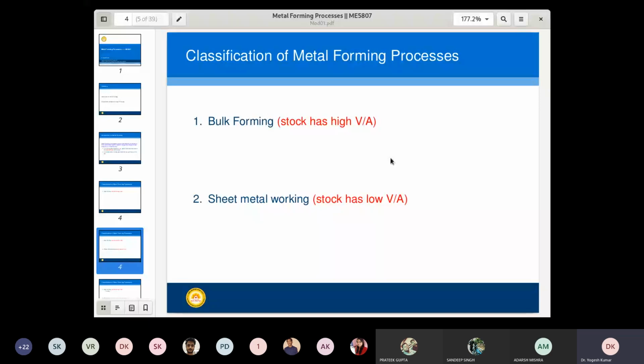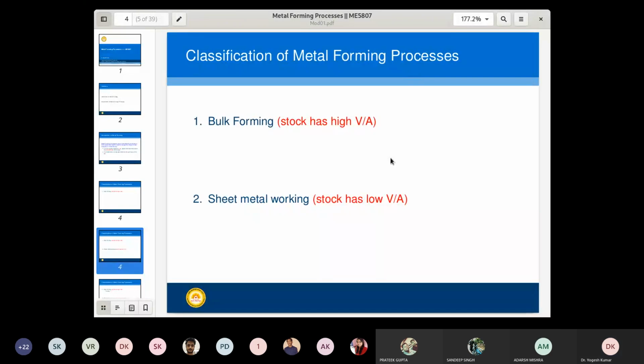In the bulk forming processes, generally the size of the input material is large. But in the second type, which is called sheet working processes, the raw material is in the form of sheets.